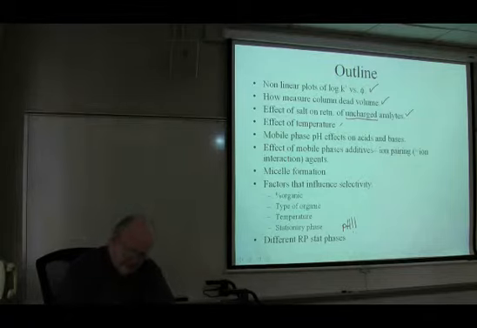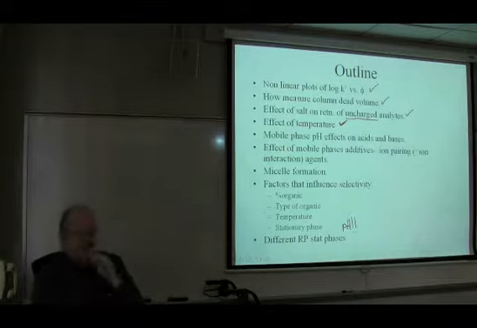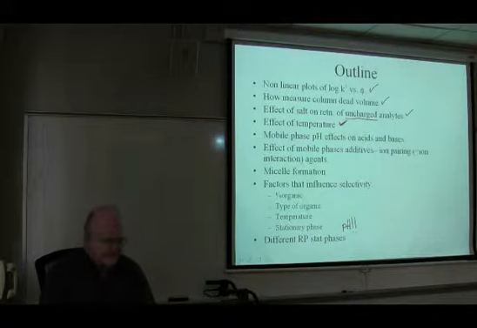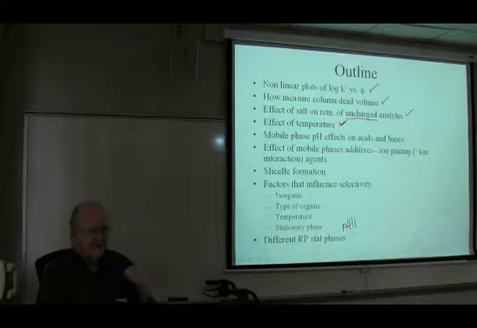Then we're going to look at the effect of temperature of the column. The effective temperature in LC is a lot less than in GC. But it's not negligible. It does matter. And if you don't control the column temperature, you're not going to get reproducible results.